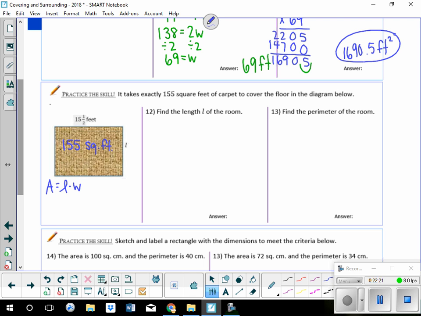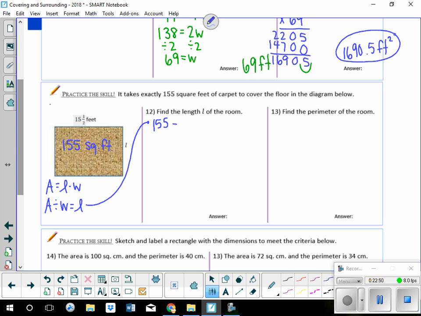I think it's going to be 155 divided by 15.5. Okay, can I write that as area divided by width equals length? Yeah. And then let me put in those actual values that you gave me. So if I use area divided by width equals length, 155 divided by 15.5 equals my length.